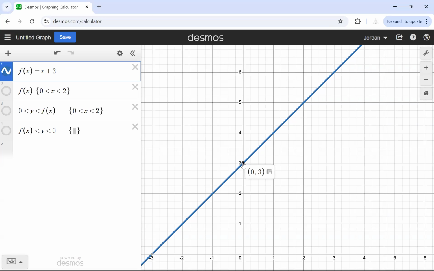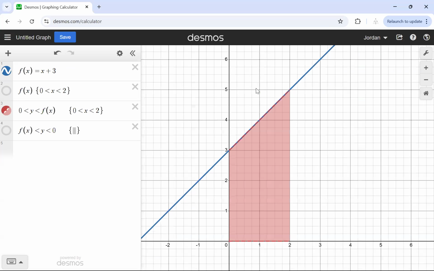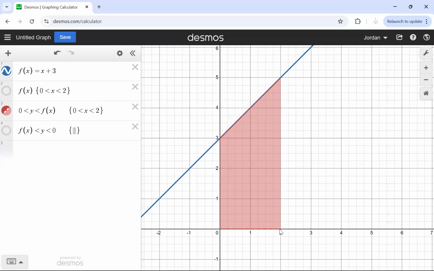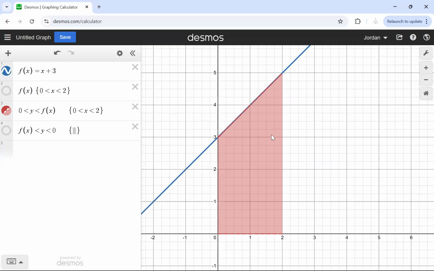You'll notice that line goes through the point (0, 3), has slope 1, and we're taking the definite integral from 0 to 2. So we're taking that section of the line. We want to find the area underneath that line, but above the x-axis. I've now shaded that in red.